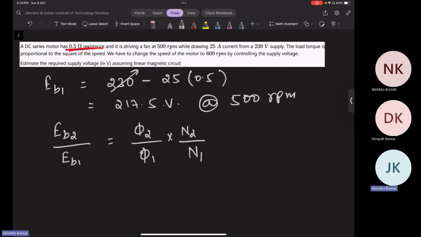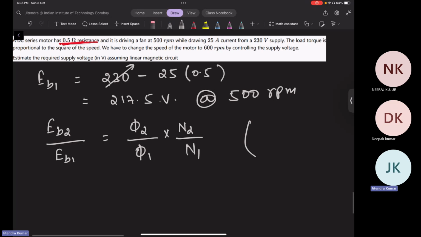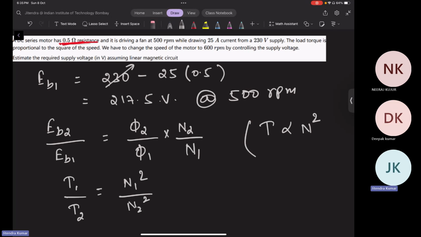And for that, we are given that torque is proportional to speed square. So T1 by T2 we can write as equal to N1 square divided by N2 square, which is again further phi 1 into IA1 divided by phi 2 into IA2.